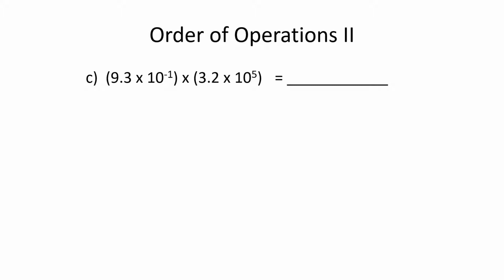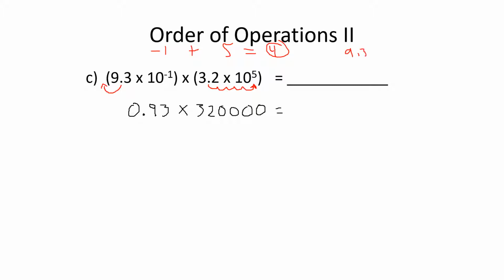Multiplying in scientific notation. When you multiply, you can add exponents. Here we've got -1, and you're going to add that to this 5, so your overall exponent is 4. Right? So you can do 9.3 times 3.2 times 10 to the 4th.